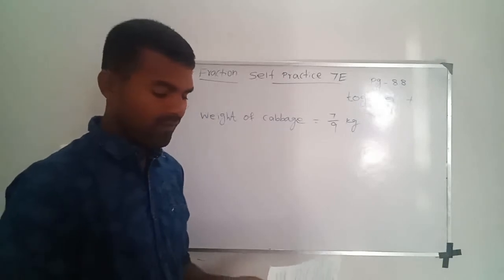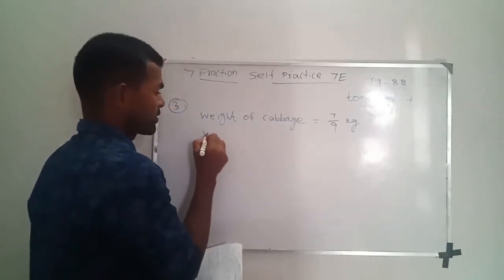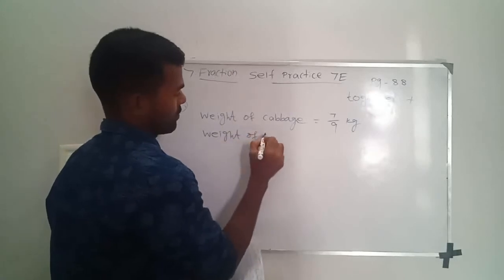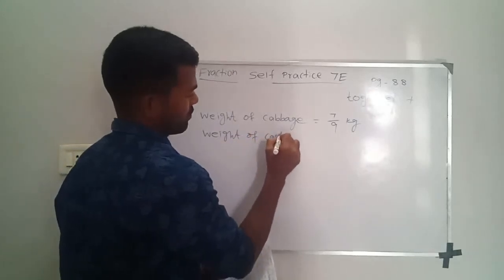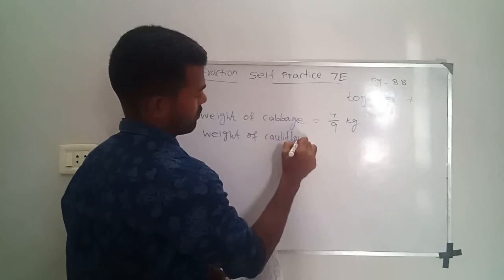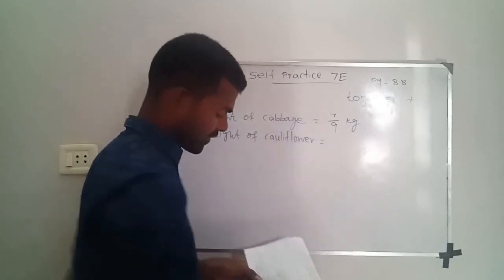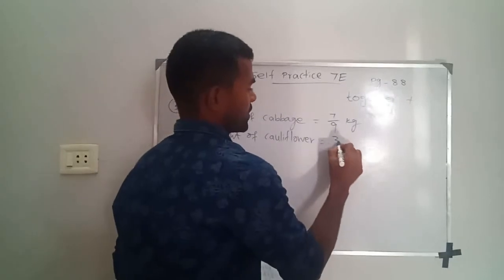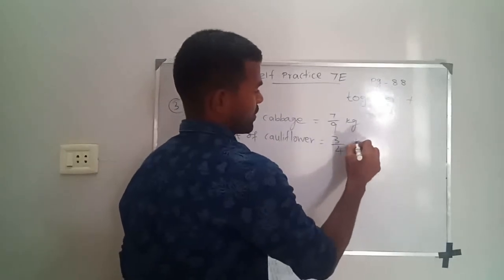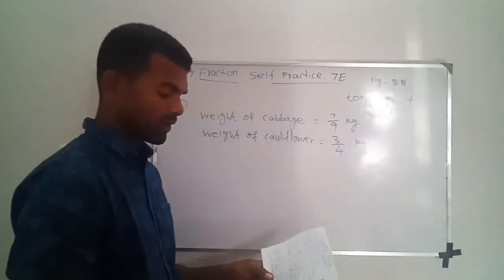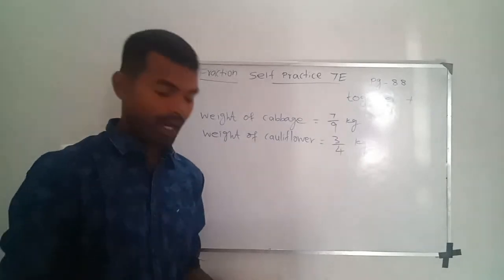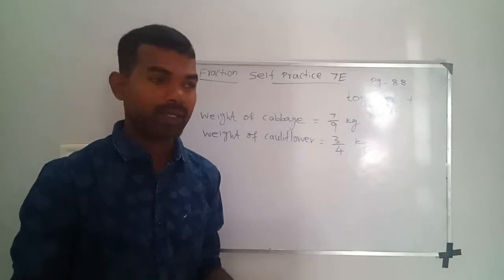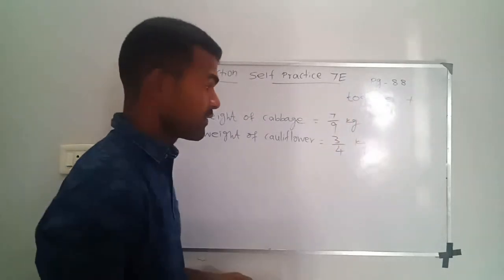And one cauliflower weighing, the cauliflower weight is 3 by 4 kilogram. So they are asking how many kilograms did the two weigh together. Together means plus. Find the total.